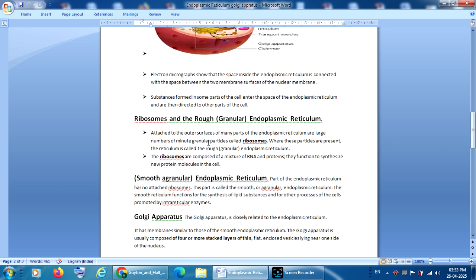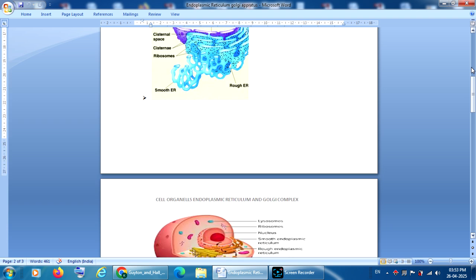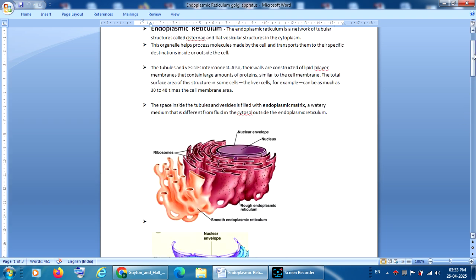Here you see, attached to the outer surfaces of many parts of the endoplasmic reticulum are a large number of minute granular particles. These are minute small granular particles which are attached to the endoplasmic reticulum.